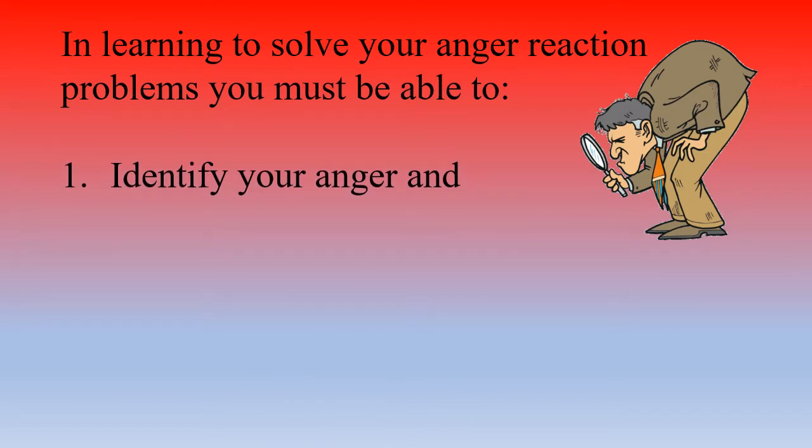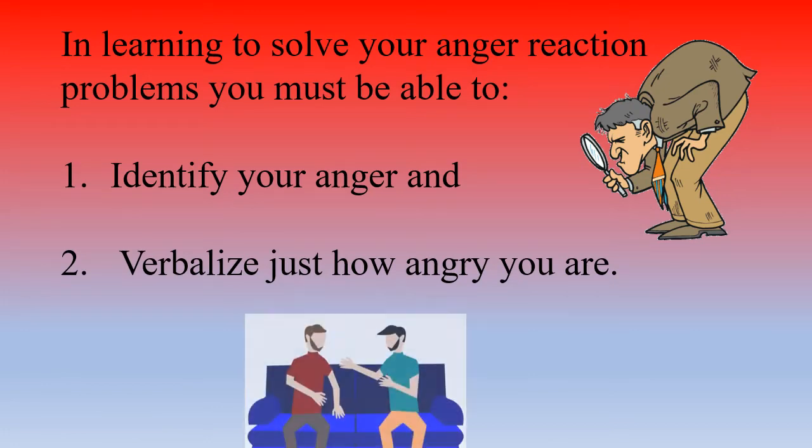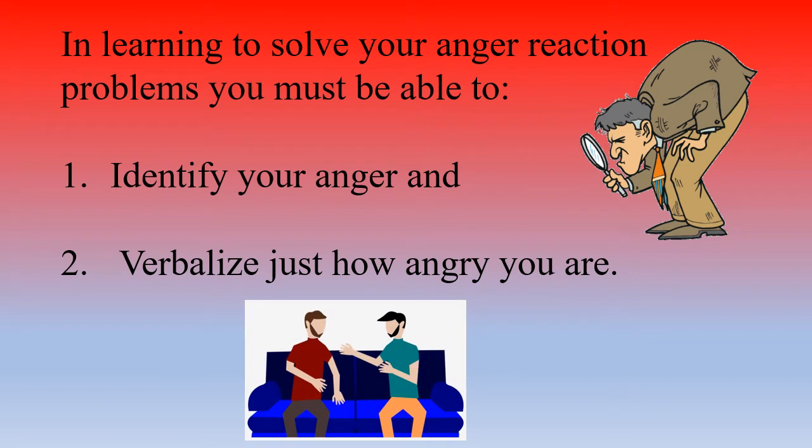You got to be able to look at it and see, yes, this is what it is. This is how angry I am. This is what level of anger that I am on. And secondly, you need to be able to verbalize just how angry you are. You need to be able to put it in words so that you can tell someone how angry you are on a scale of 1 to 5, 1 being the lowest, 5 being the highest. And we're going to look at this scale and the 5 levels of anger.